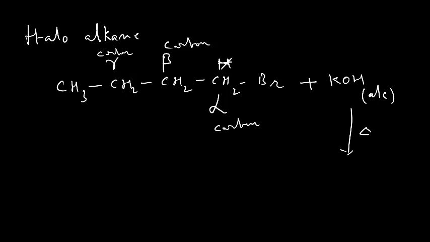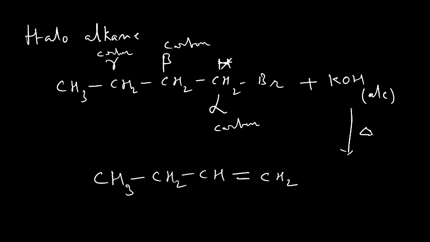So when the haloalkane is heated in the presence of alcoholic KOH, the bromine atom from the alpha carbon and hydrogen from the beta carbon are eliminated as hydrogen bromide, and of course we get CH3, CH2, CH double bond CH2.